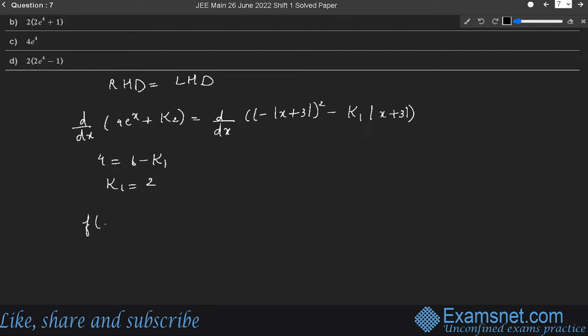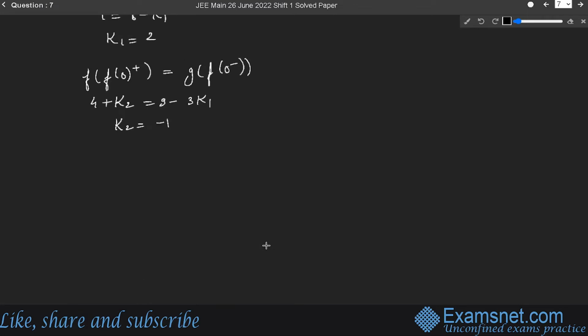Also we know that g of f of 0 plus is equal to g of f of 0 minus. So it can be written as 4 plus k2 is equal to 9 minus 3k1. So k2 will be equal to minus 1. Now we have to calculate the value of g of f of minus 4 plus g of f of 4.